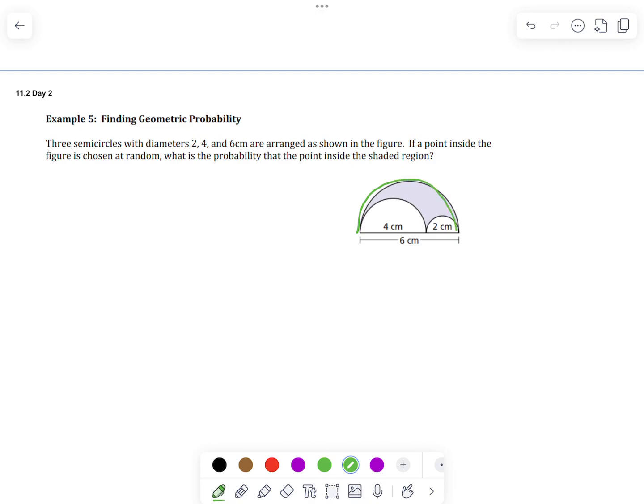So that's going to be our sample space. And that is 1/2 of a circle. So the area of the green is 1/2 pi r squared. And the radius of that circle is half the diameter, so 3 centimeters.